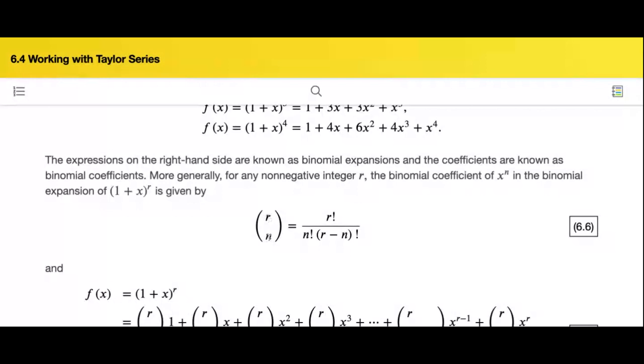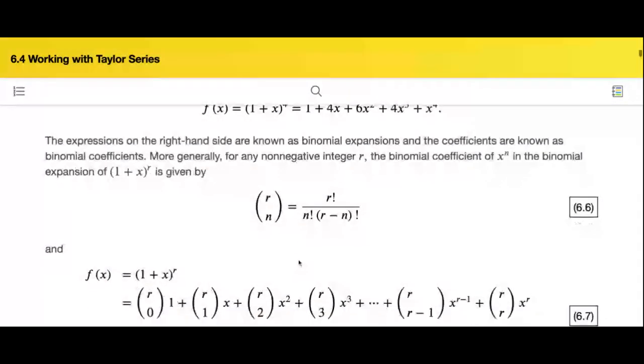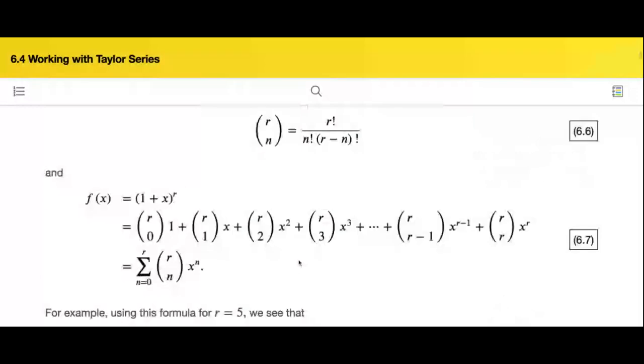If we have 10 apples on the table, do you know how many ways I can choose 5 apples randomly? That's r factorial divided by n factorial times r minus n factorial. So the coefficient is just the combination. The first coefficient is out of r choose nothing, then out of r choose 1, out of r choose 2, and so on and so forth.